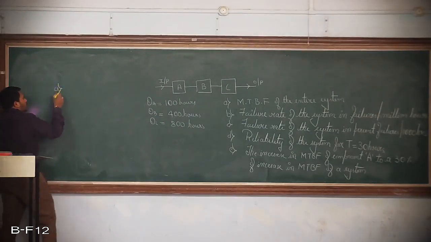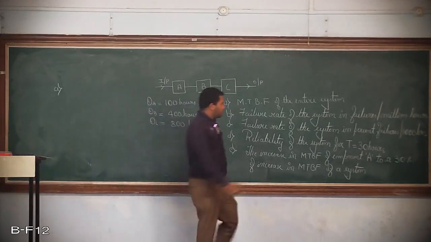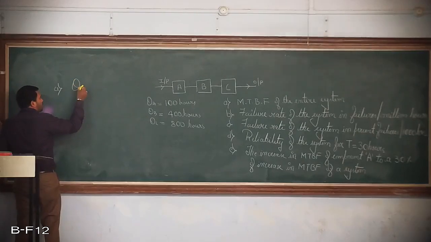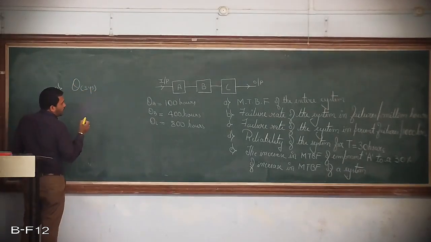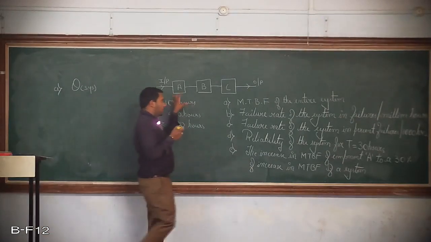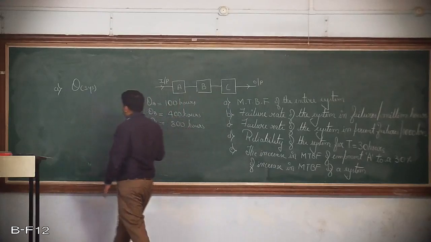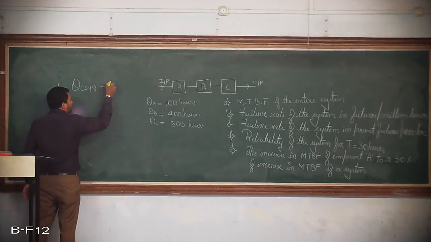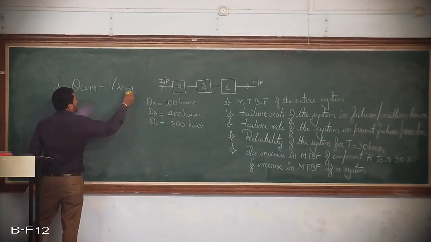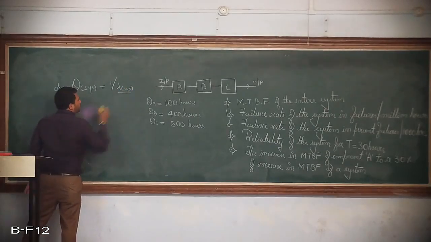For the first one, they asked the mean time between failure of the entire system, that is theta system. To find out theta system, as we know it is a system connected in series, and theta system is 1 by the failure rate per hour of the entire system. Hence we need to find this first.